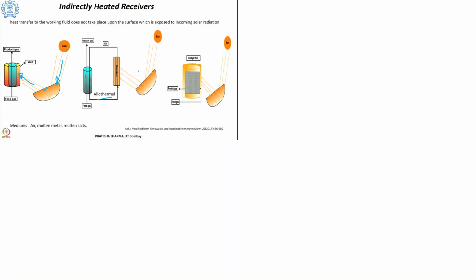Sometimes indirect heat is used. The heat does not fall directly into the SMR reaction chamber. The heat is first absorbed by one medium, like air, molten metals, or molten salt.